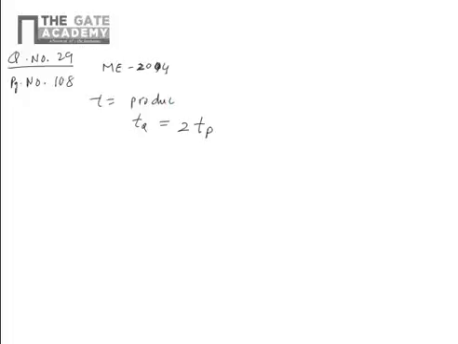Whatever is given in the problem, we will write. And the company has a maximum of 2000 units per day. So P plus Q, maximum of 2000.